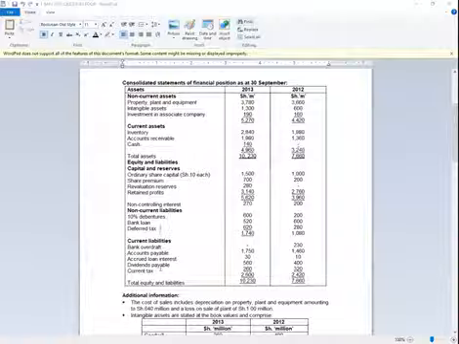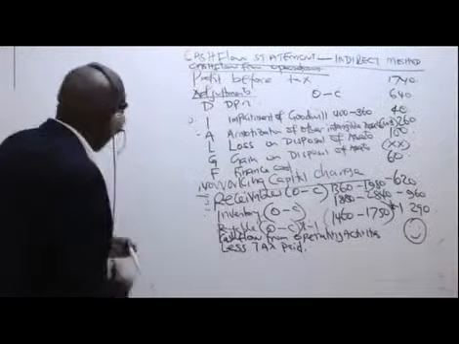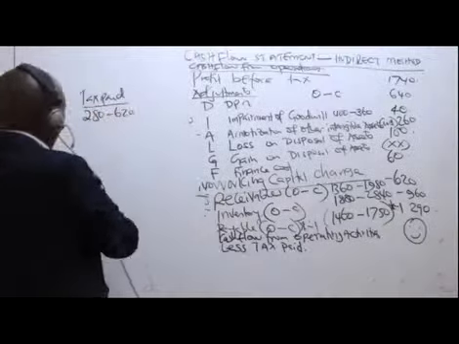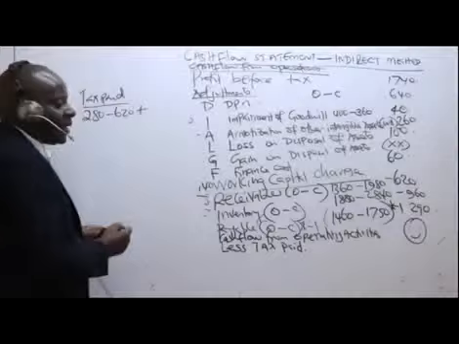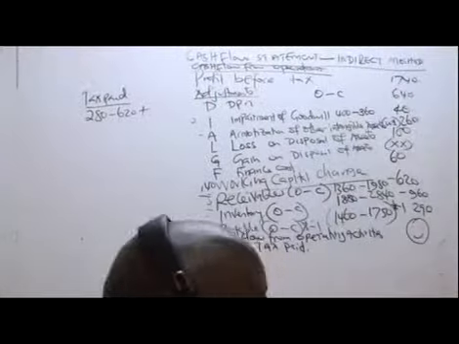First of all, we handle the deferred tax. I'll take 280 opening minus closing, 280 minus 620, plus the current tax. So current tax, I'm taking what minus what?